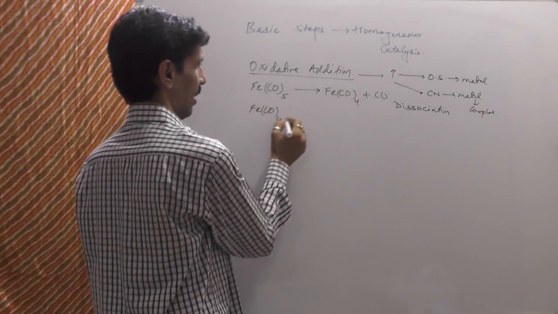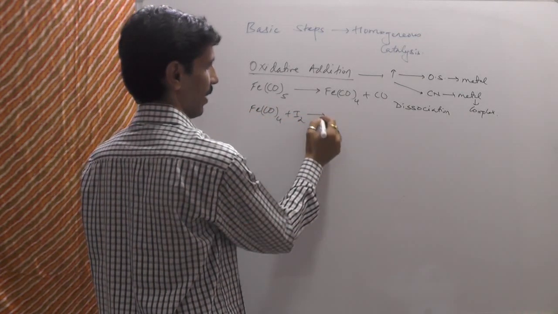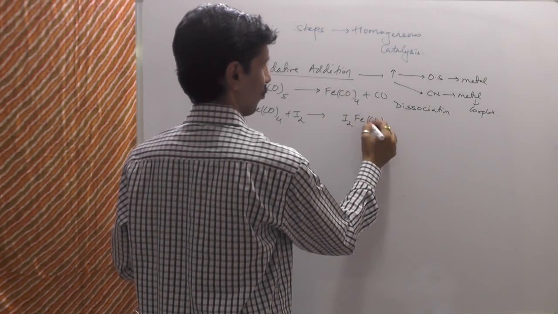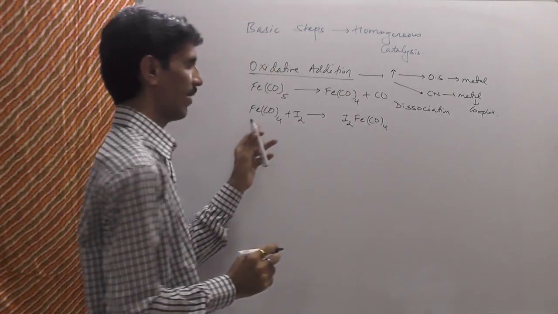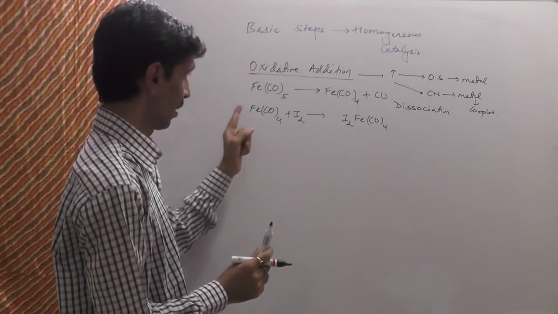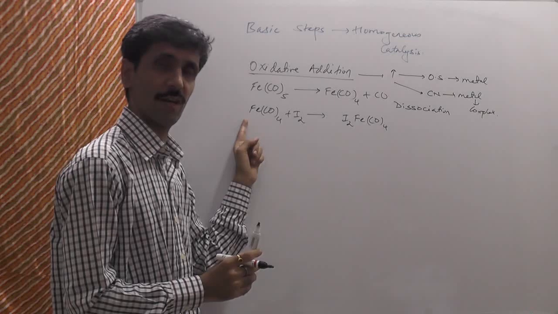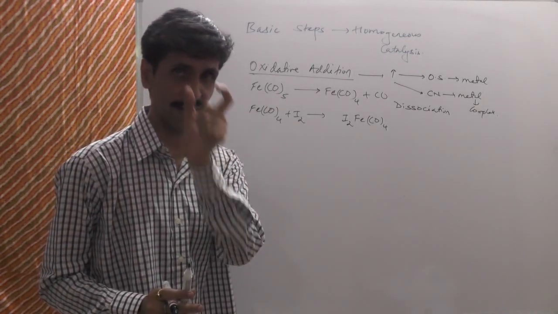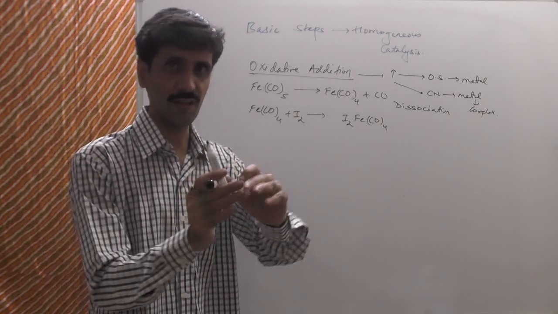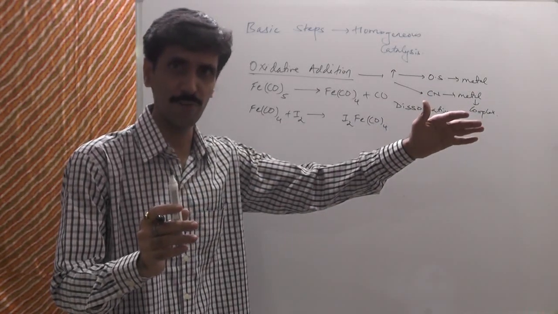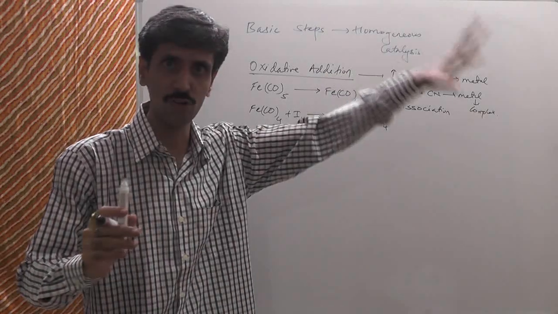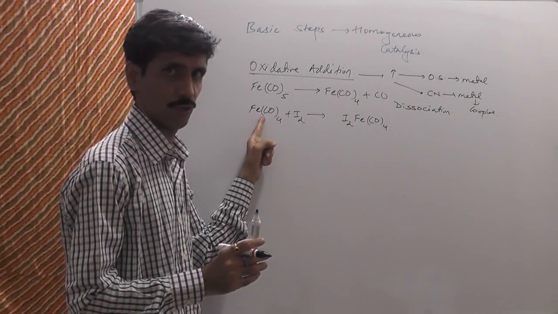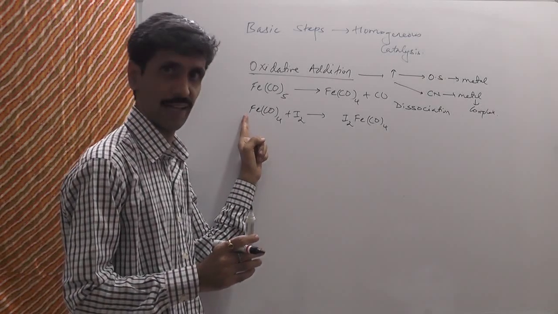Now FeCO4, I treat this with a molecule of iodine and it results in I2FeCO4. Now if you have a look at this, the coordination number of Fe was 4, and assuming, I'm stressing on this word assuming, because there are many other parameters revolving around that, so I don't want to go into all those pitches, assuming that CO is neutral, then we say that Fe is 0 valent.